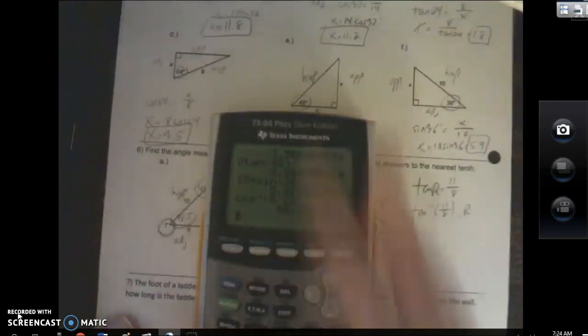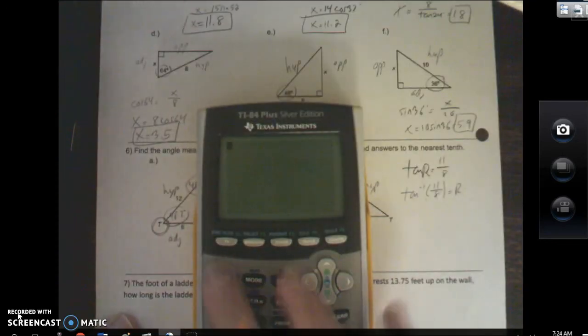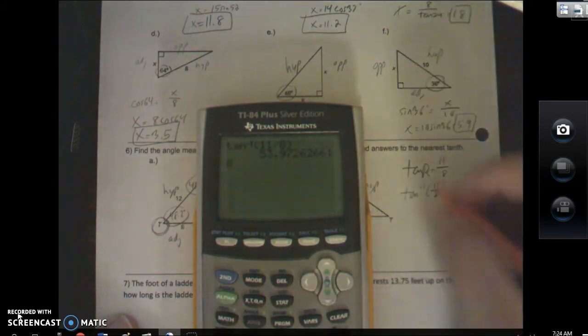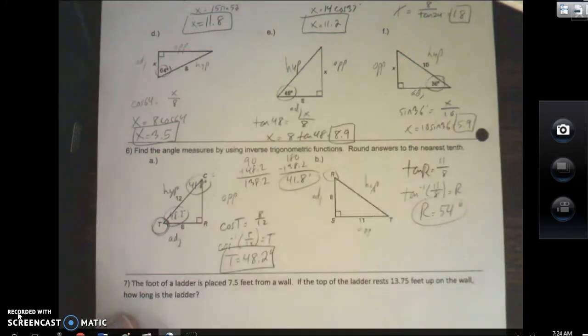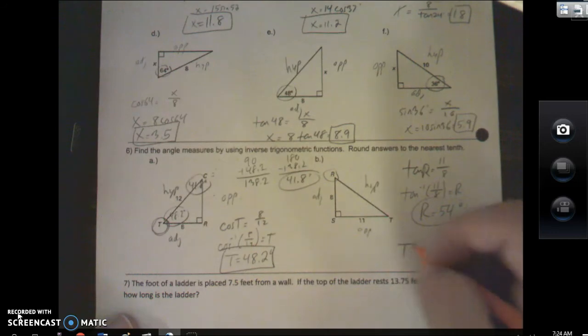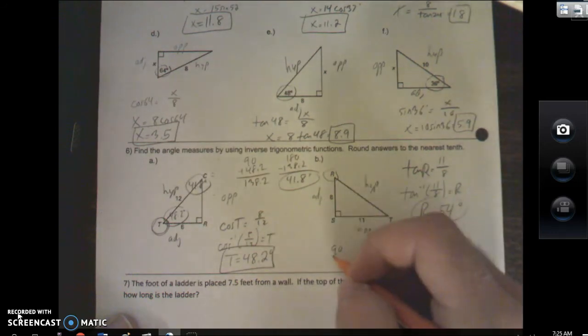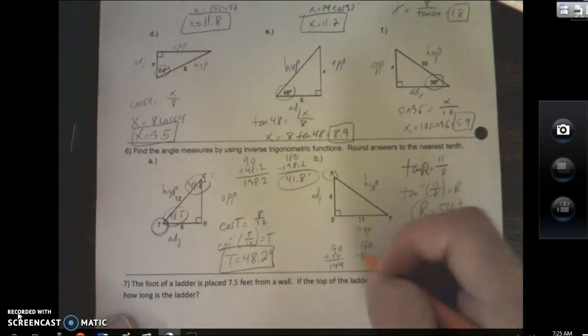Second tan 11 over 8 is 53.97, that's going to round to 54 degrees. And then if I want to find angle T, 90 plus 54 is 144. 180 minus 144 is 36 degrees.